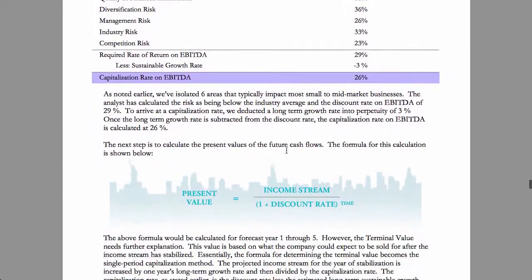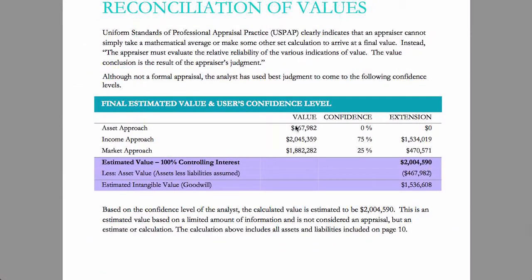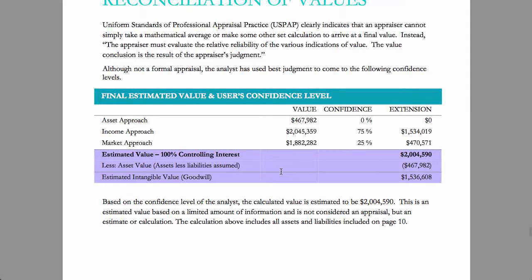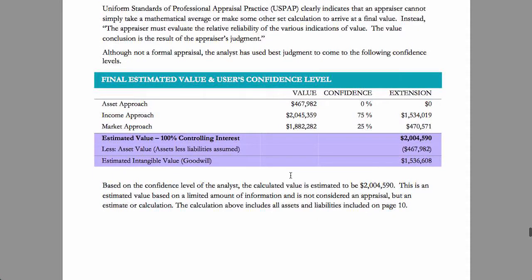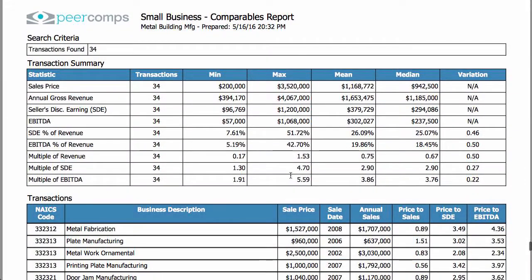And then as we work through our income approach and our market approach, we end up at the reconciliation of values. And this shows you exactly the asset approach, the income approach, the market approach, the confidence levels or weighting that you applied to those. And then at the very end, it breaks out the final value, plus it shows you the intangible value or the goodwill within the company. And then there's a few exhibits at the end.